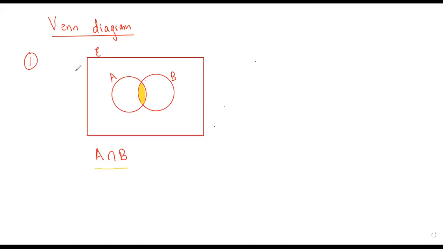This is the first example. Here we are discussing shading on Venn diagram. Okay, this is what we will be talking about. The diagram would be given.